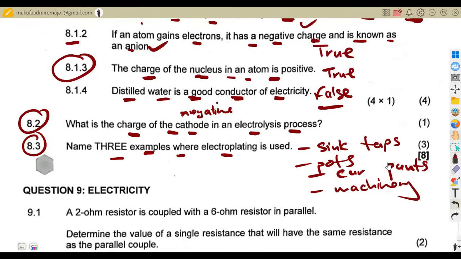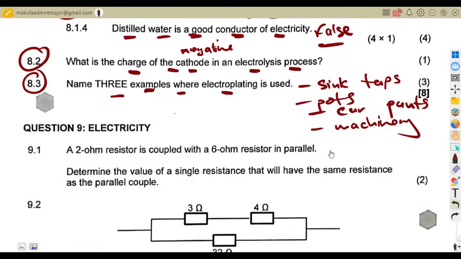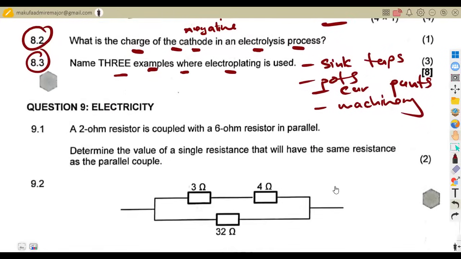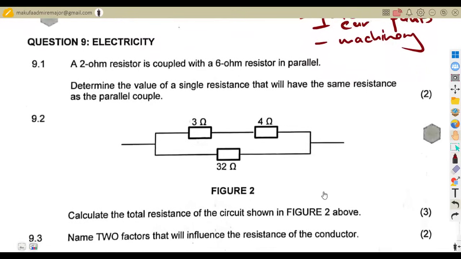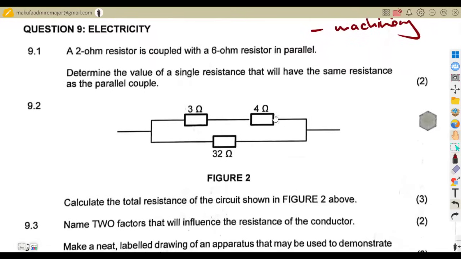There are so many conditions where electroplating is used. Remember, we are just avoiding corrosion from happening. We want to avoid that, so we can have electroplating as long as there's a metal object. All right. Then electricity, on question 9.